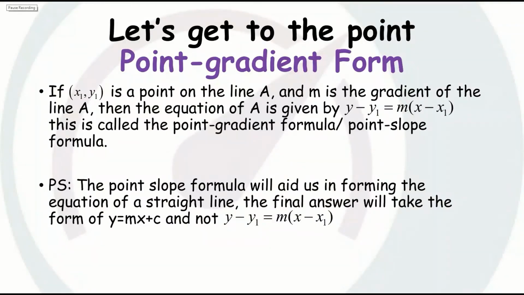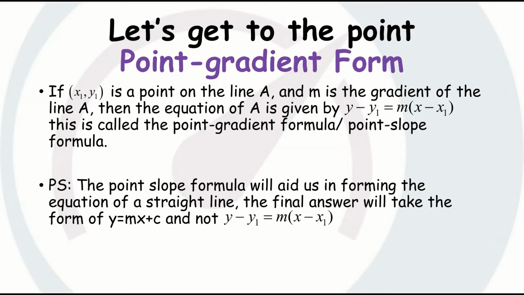Now we're going to look at the point gradient form. Guys, don't get confused: the point gradient form is not the equation of a straight line. It's just a formula that aids us in forming the equation of the straight line.